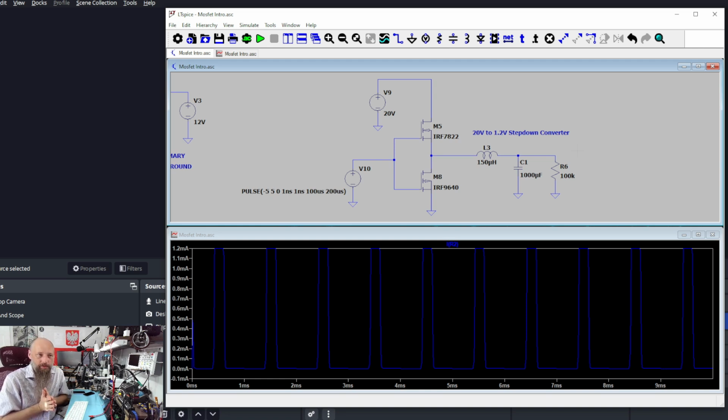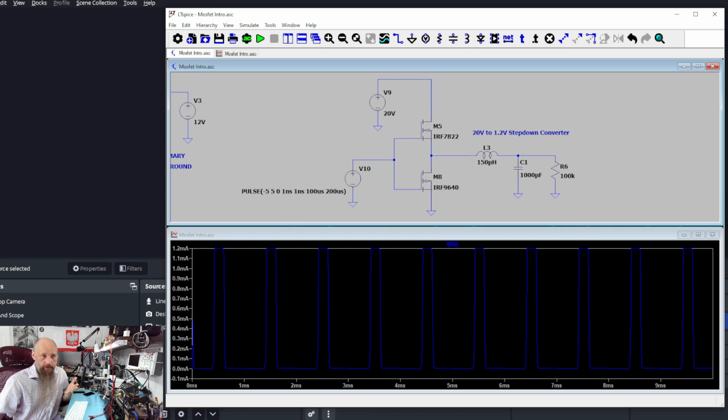You're going to have two transistors. They could be two N-channel MOSFETs, because our V10 is going to be a control IC, which has two pins, one for the high transistor, one for the low transistor. So the gates are not going to be connected. The only thing connected is going to be the drain and source of the transistors.